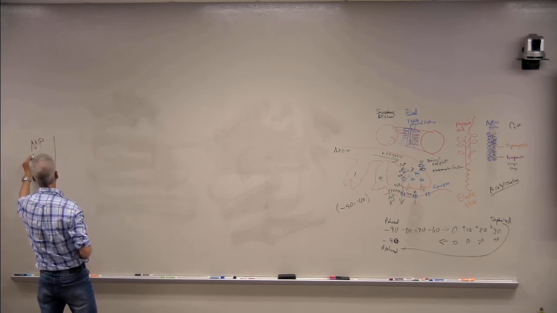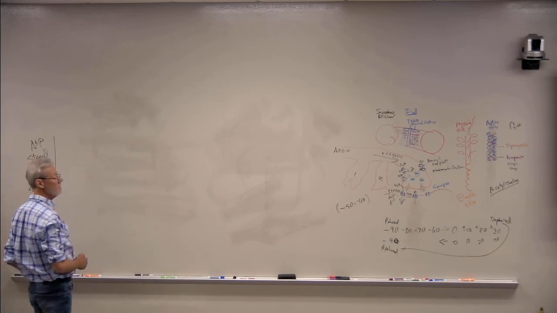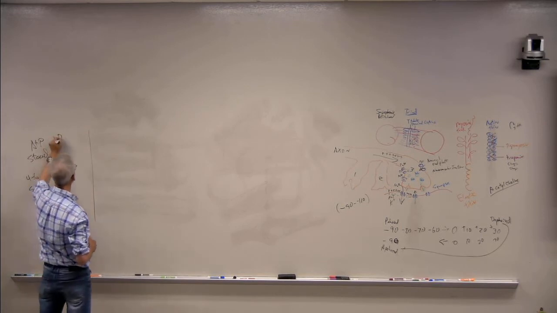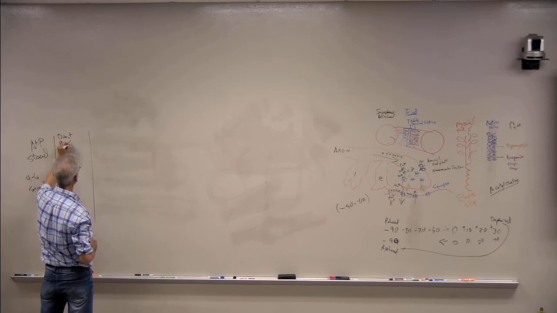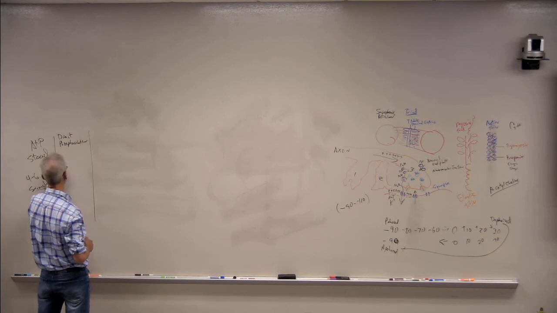ATP stored. Okay. In our muscles, we have about 4 to 6 seconds worth of ATP stored, right? When I get past that, I have to do direct phosphorylation, right? Here we go.